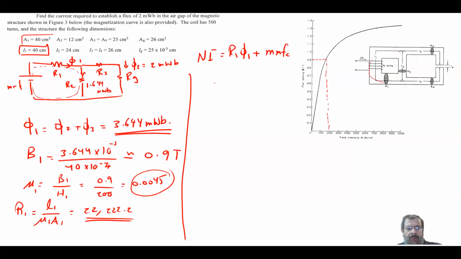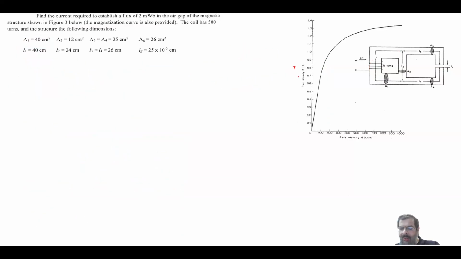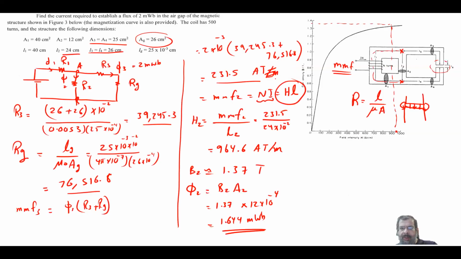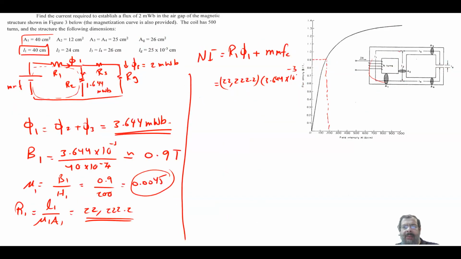So this is equal to 22,222.2 times phi 1, which is 3.644 times 10 to the minus 3, plus MMF2, which is equal to 231.5. This will give me 312.5 ampere turn. Then your current I is equal to 312.5 divided by 500, and this will give me 0.62 amps.